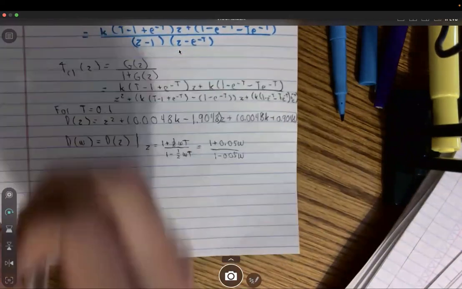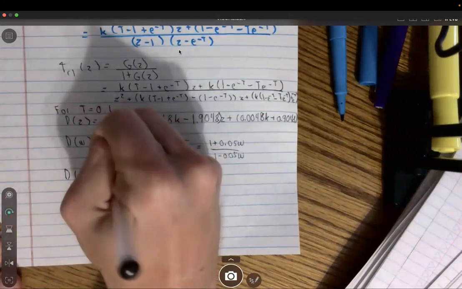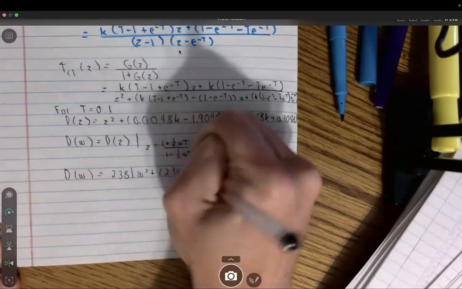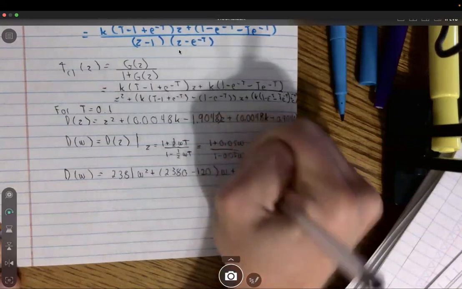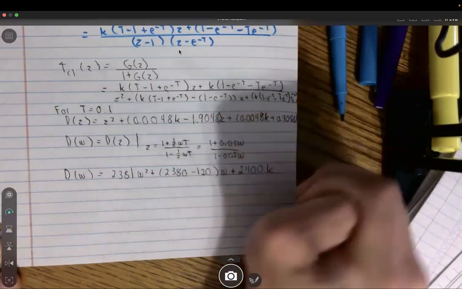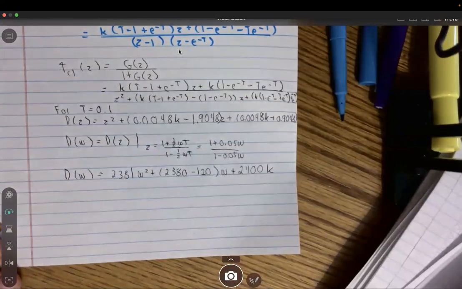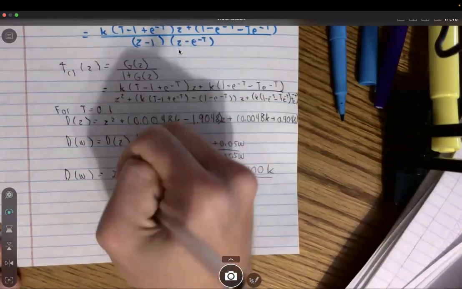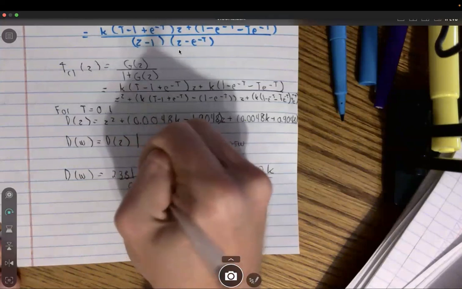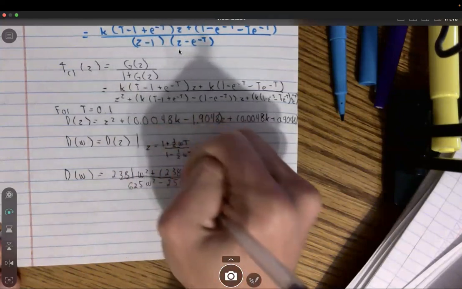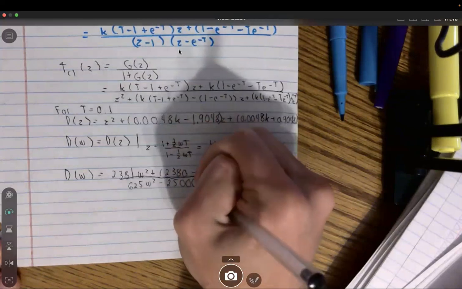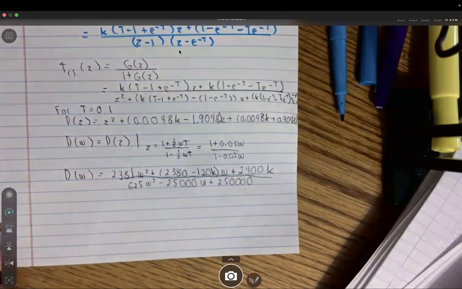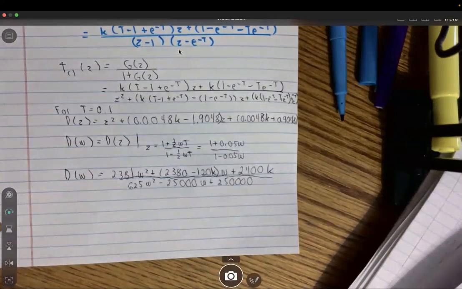So what you're going to get for your D(W) after substituting is 2381W squared plus (2380 minus 120K)W, and then plus 2400K, and then minus 120K, all over, and then here in our denominator, we're going to get 625W squared minus 25,000W plus 250,000.